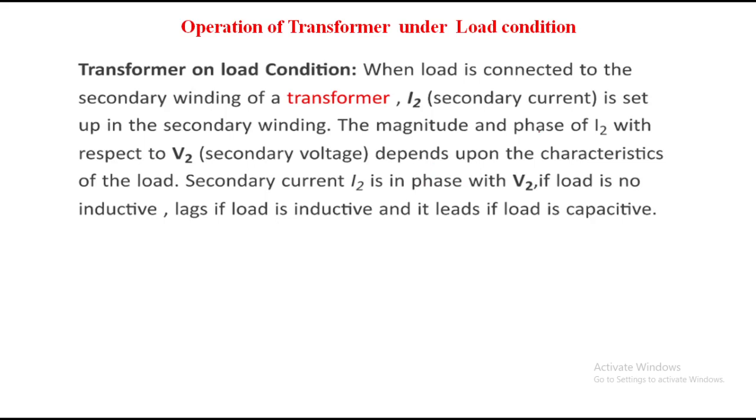So when the load is connected to the secondary winding of a transformer, I2 is set up in the secondary winding. The magnitude and phase of I2 with respect to V2 depend upon the characteristics of the load. Only the load can decide the different phase angles of V2 and I2. The secondary current is in phase with V2 if the load is non-inductive, that is resistive, right?